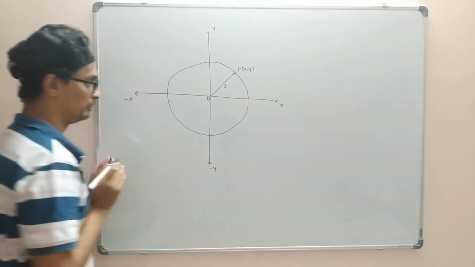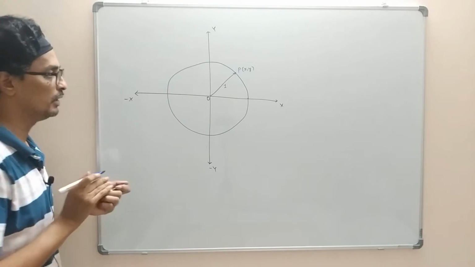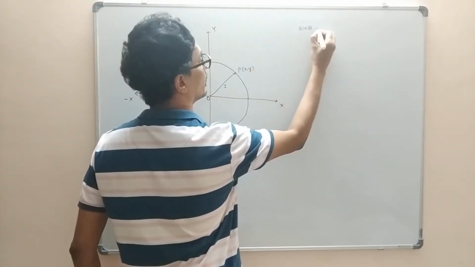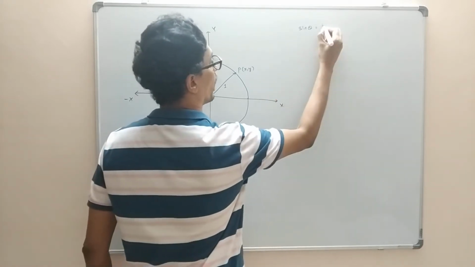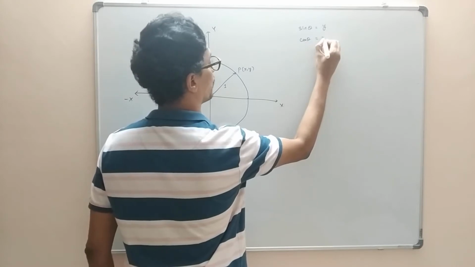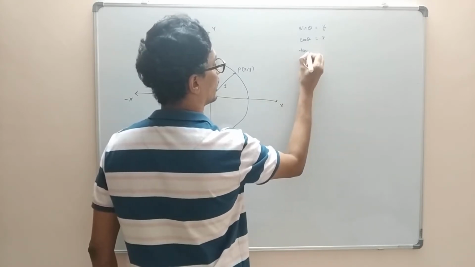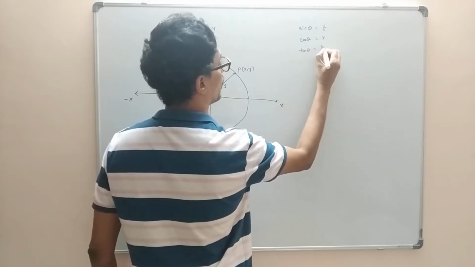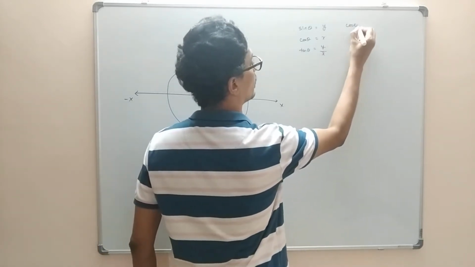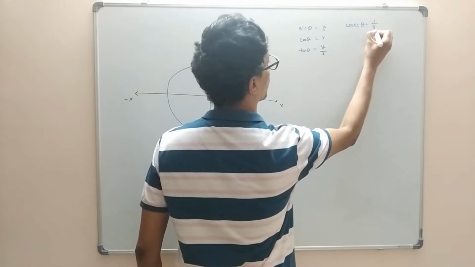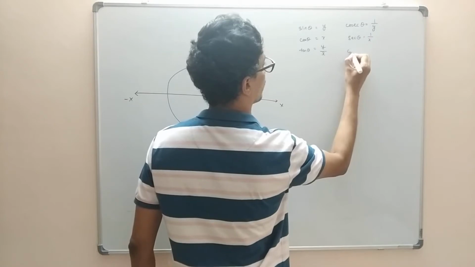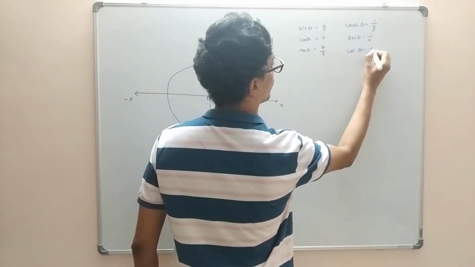If this is given, then our trigonometric ratios are: sin theta is equal to y, cos theta equal to x, tan theta equal to y by x, and similarly cosec theta equal to 1 by y, sec theta equal to 1 by x, and cot theta equal to x by y.